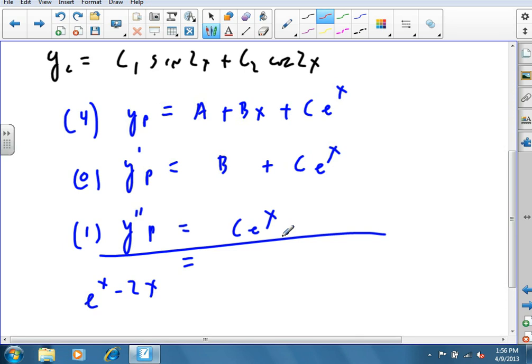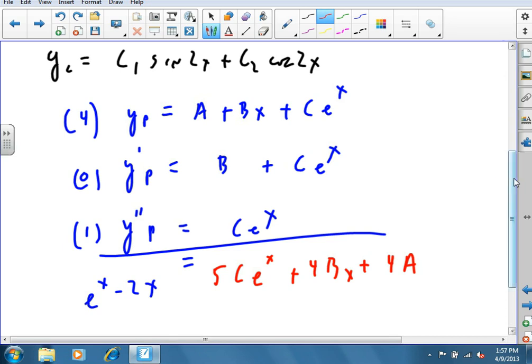Oh, no, that's not a problem. Everything's fine. All right, so I've got 5 c e to the x's. I've got plus 4b x, and then I got plus 4a.